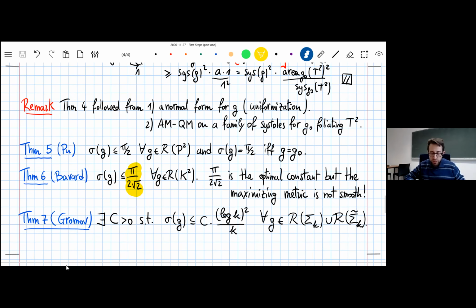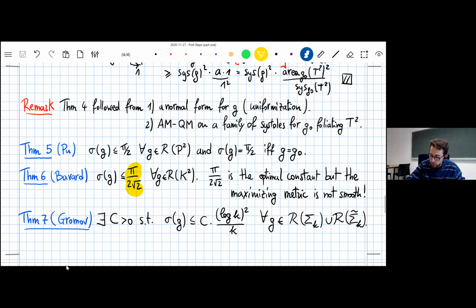After doing this, you go to another planet, you need other techniques. If you want to establish a sharp systolic inequality for higher genus surfaces, this is given by a theorem of Gromov, which says that even though we don't know the exact constant, we still have the optimal behavior with respect to the genus.